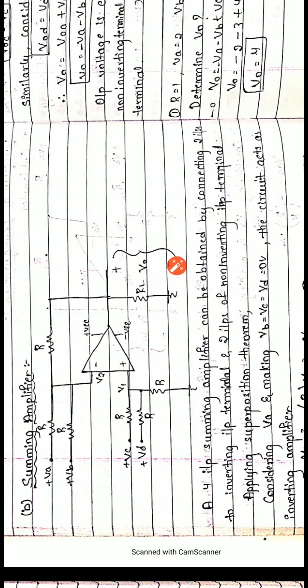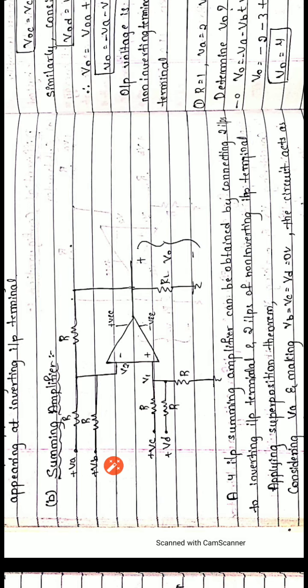So first, I will find the output voltage V0 with respect to VA. With respect to VA, it acts as an inverting configuration because the remaining are grounded. So in that case, we can directly write VOA equals minus R by R into VA, which I have discussed earlier. So now this becomes VOA equals minus VA because these two get cancelled.